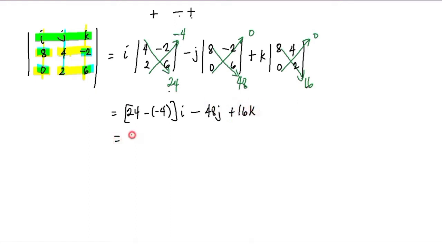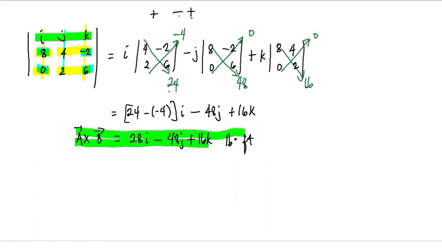And simplifying this, we would have 28i minus 48j plus 16k. The unit is pi. And this is the cross product of the vectors A and B. So this is our final answer for the cross product of the vector A and the vector B.